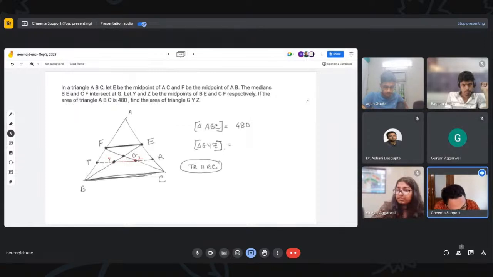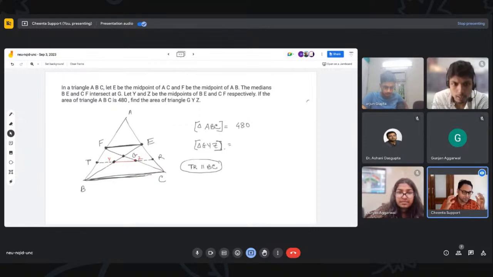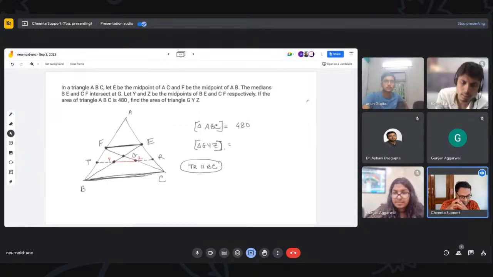So what we have to do really is to compare the GYZ triangle with the main ABC triangle, right? That's the main contention.